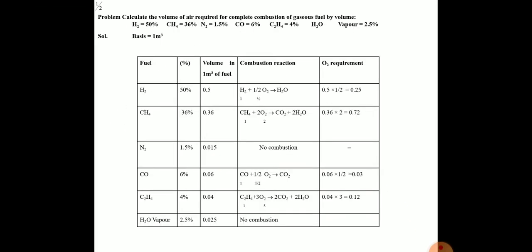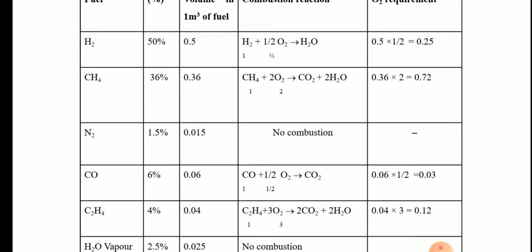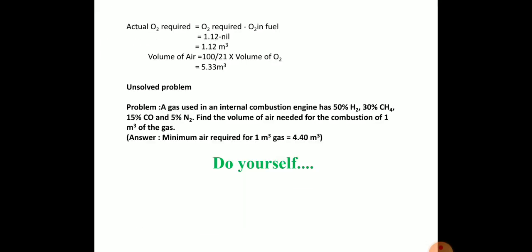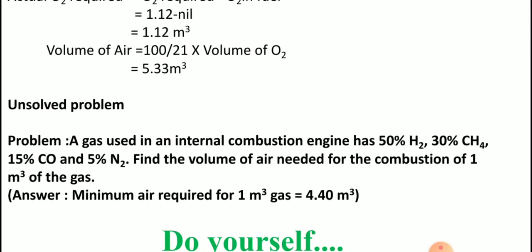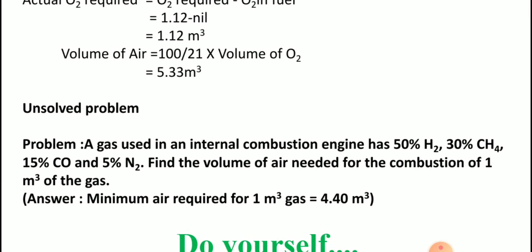We can see that oxygen is absent in the fuel, so here 1.12 minus oxygen present in fuel, which is nil or 0. So the numerical value for oxygen is 1.12 meter cube. The volume of air is given by the formula 100 upon 21 into the actual oxygen required by volume. The numerical value for this question is 5.33 meter cube.